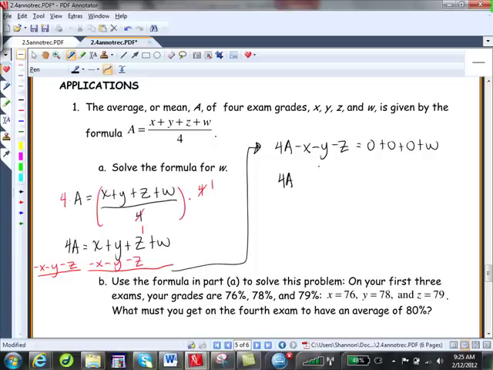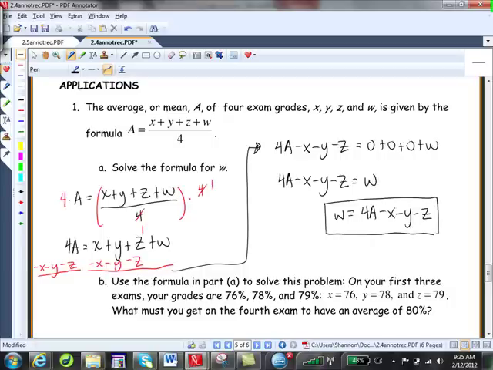And that, of course, gives us 4A's minus X minus Y minus Z is equal to W. Now, if that is true, then W must equal 4A's minus X minus Y minus Z. And we have successfully isolated this formula for W.